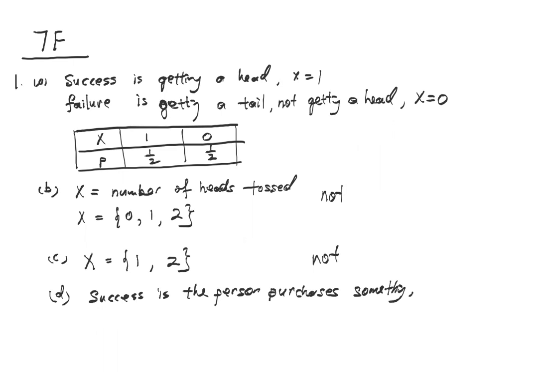So you use X equal to 1 to represent it. Am I right? Okay, then otherwise failure is otherwise, and you use X equal to 0 to represent it. Here they didn't give us the probability, so we can't do anything. Am I right?